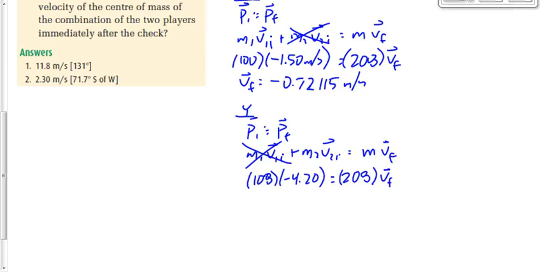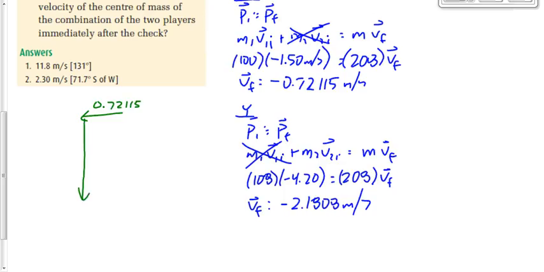Caitlin, do you have what VF is there? Thank you. Now we got to recombine them, right? We say negative 0.72 and we have negative 2.1808.